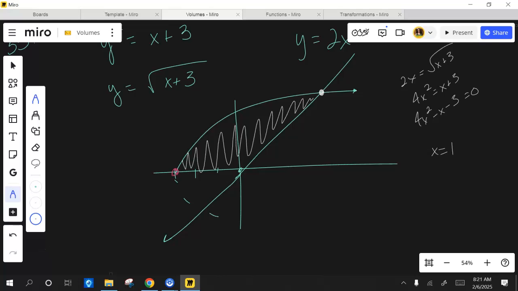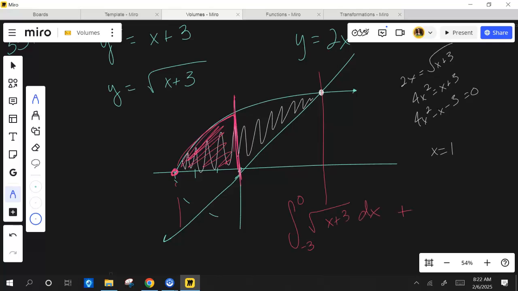If you did top curve minus bottom curve from here to here, you end up including this area in it, and you don't want that area, right? Because it says from the x-axis up. So I have to divide this into 2 different areas. I'm going to do the integral from -3 to 0 of this function, because that takes me down to the x-axis. So of the square root of x plus 3.